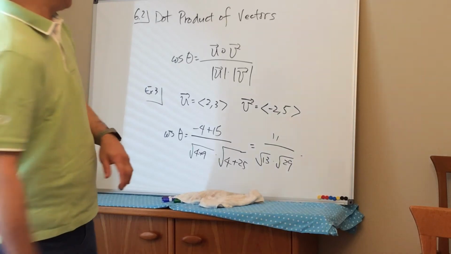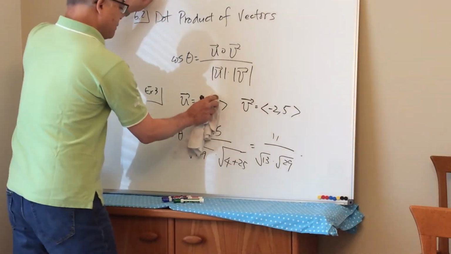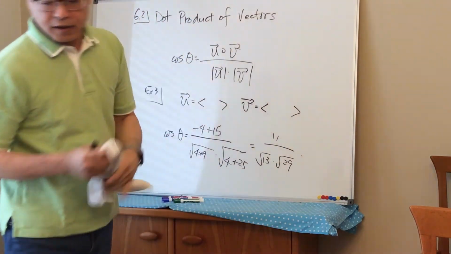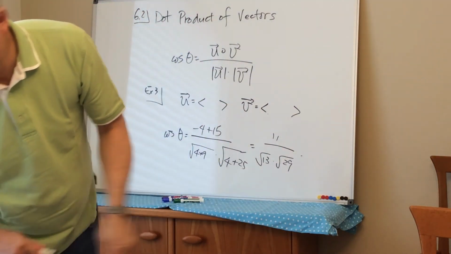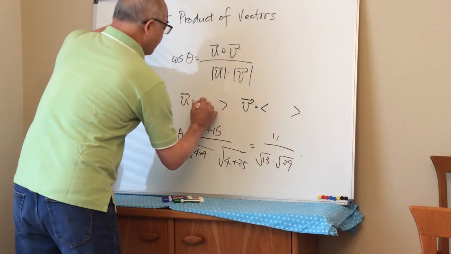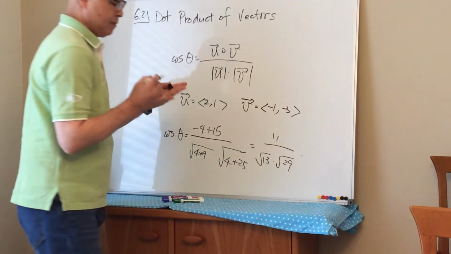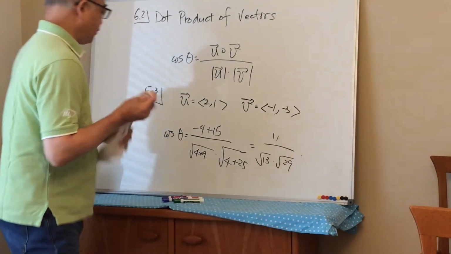Okay, let's do B, the second one. And the second one, what do we have? (2, 1) and (-1, -3). So let's see if we can do that one.